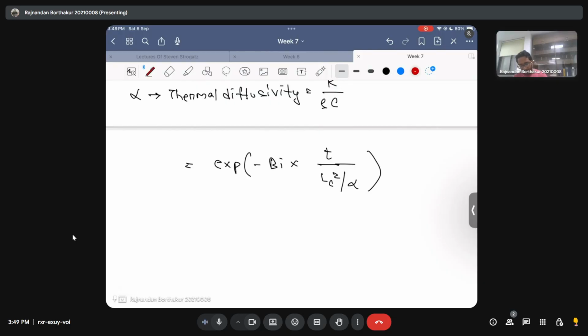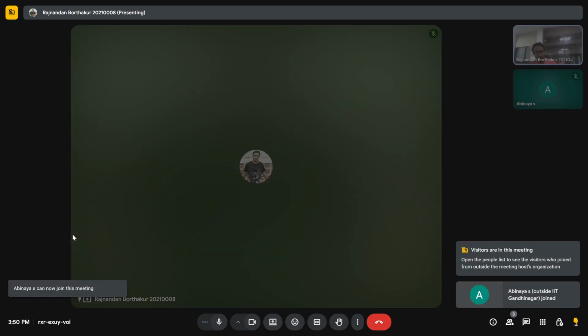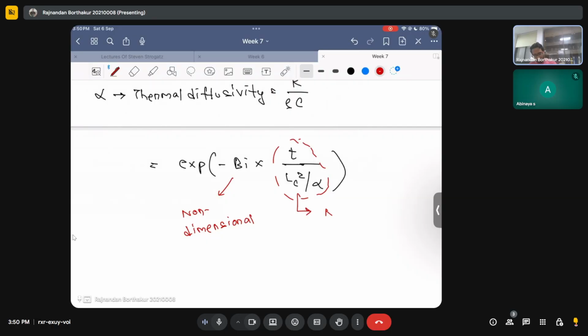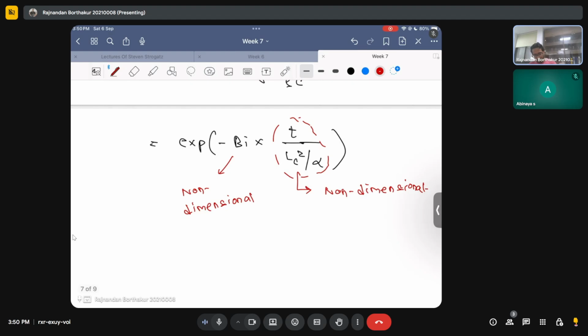you can infer that this Biot number is of course a non-dimensional number. Therefore, this ratio of T by LC square by alpha also has to be non-dimensional, which means that this T by LC squared by alpha is a non-dimensional number, and we call this the Fourier number, denoted by Fo.